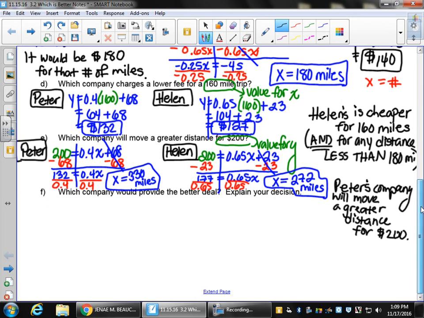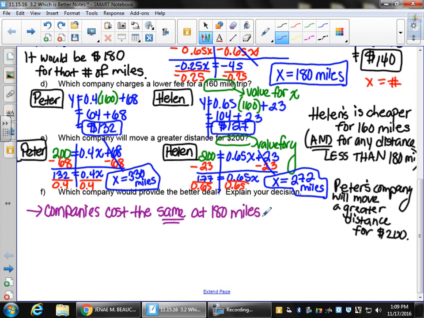Question F is really the whole point of today's notes. Which company would be better? Which company would provide the better deal? To be able to make that decision, we first need to know when they're equal. So the companies cost the same at 180 miles.